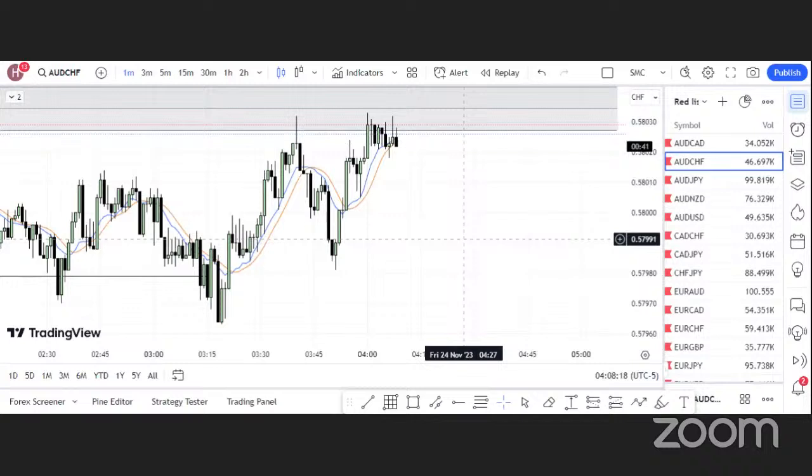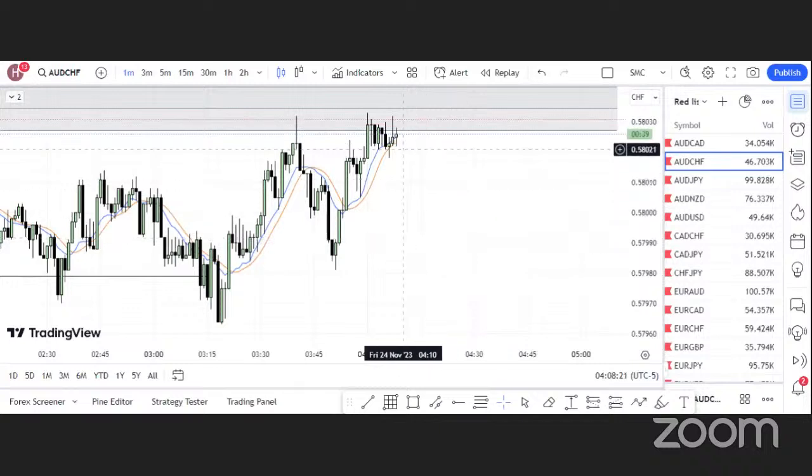Okay, so the market is currently rejecting from the zone again.